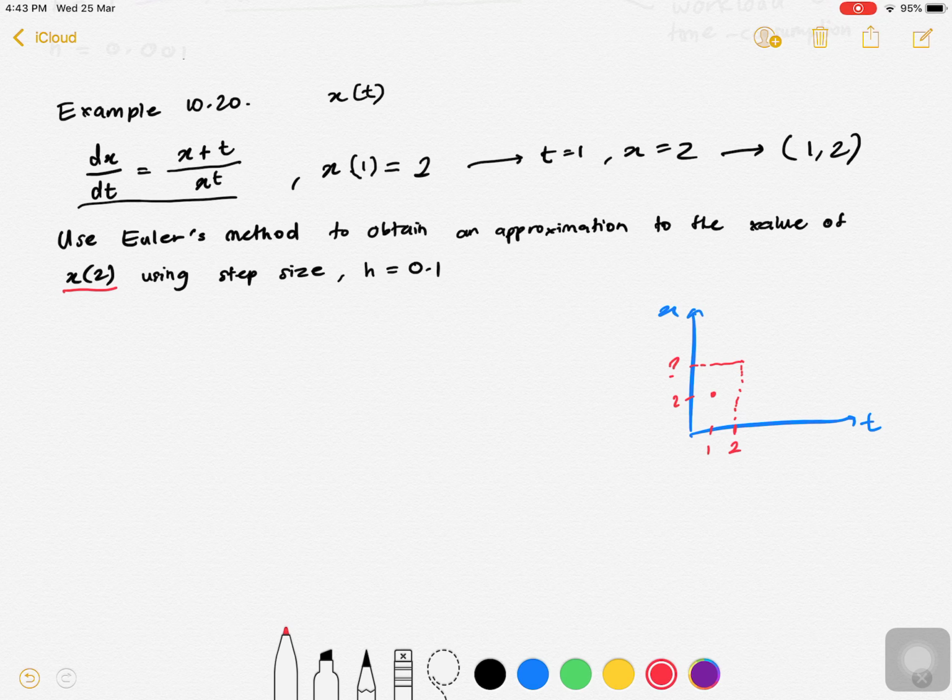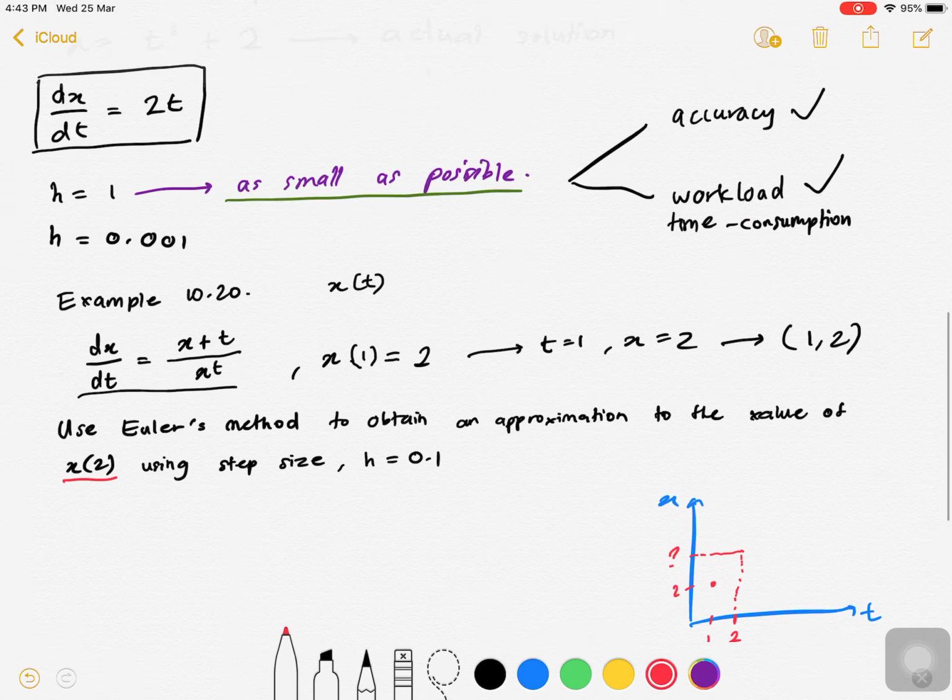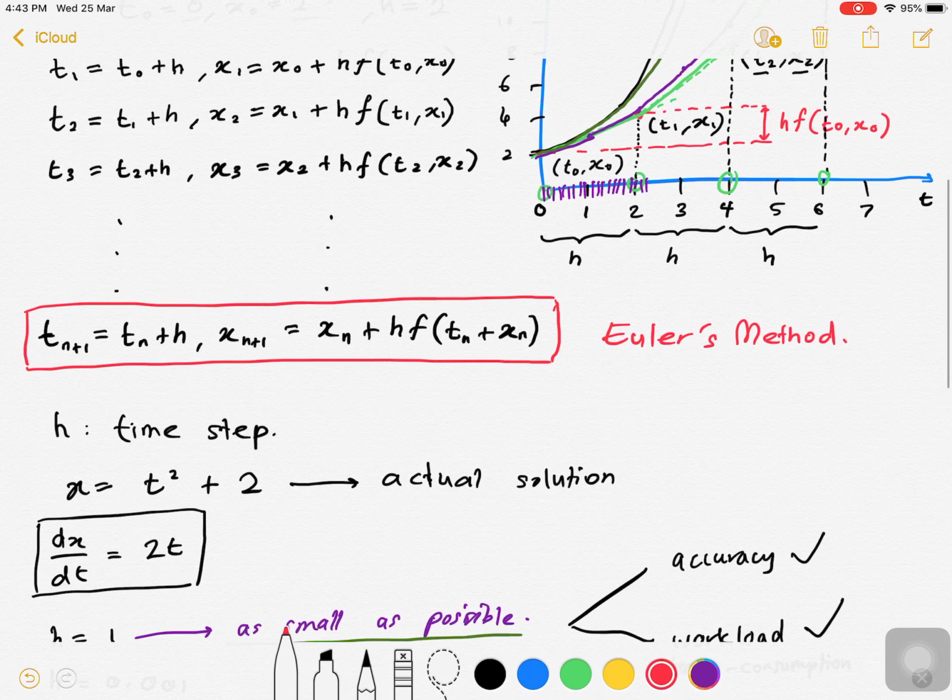So how to do this? Again, we can use the iteration process. Instead of drawing the curve, we can just do some calculation based on Euler's method. We use this Euler's method equation.